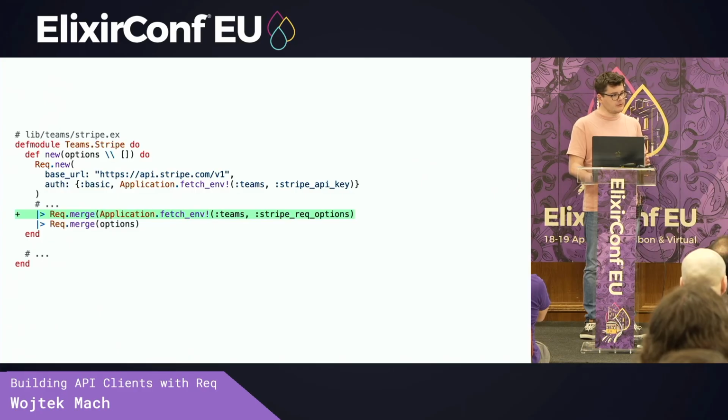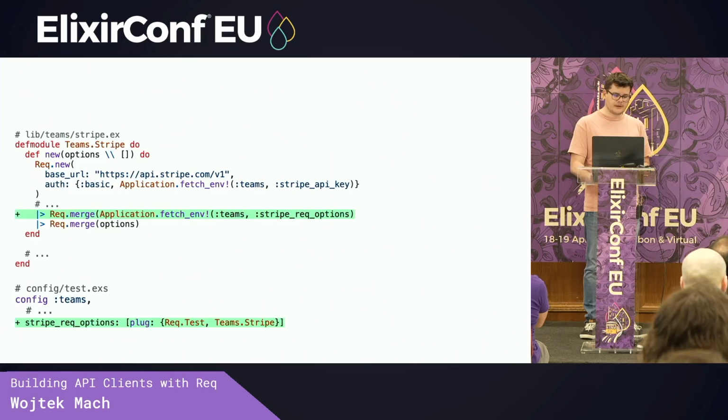We are just going to make our production code a little bit more flexible. It's going to accept even more options, global options from the application env. And then in tests, we can set the plug option that we have seen before. But instead of setting it to a function, we can set it to this tuple, Req.Test and the name.